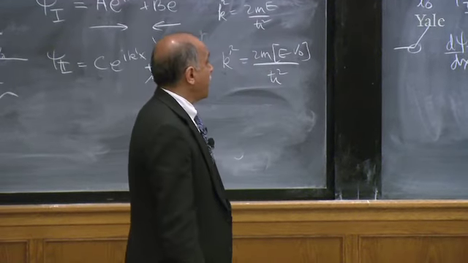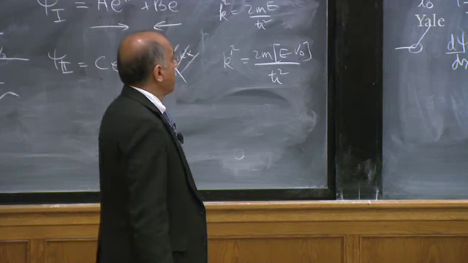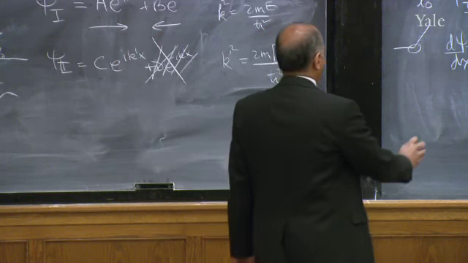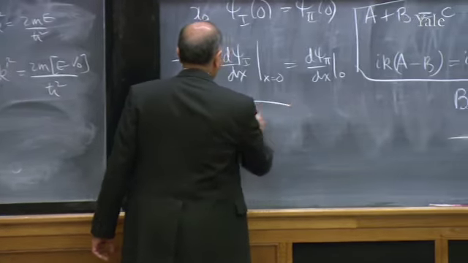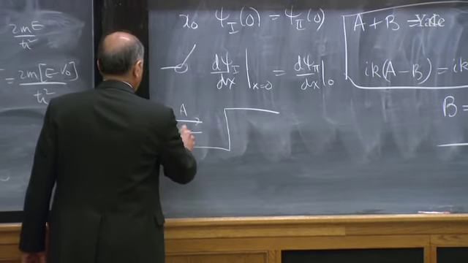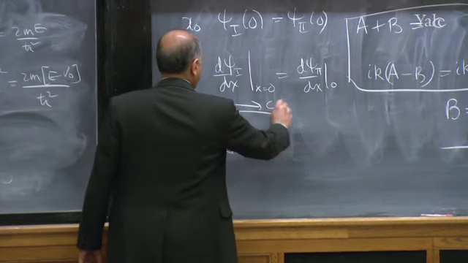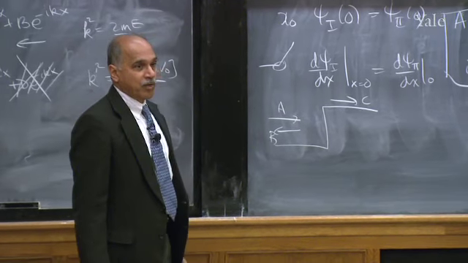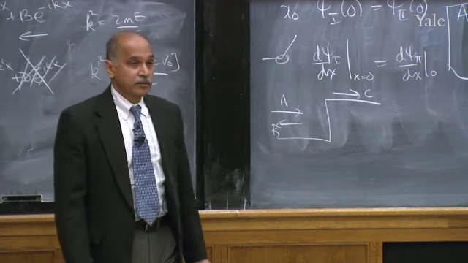But I want you to look at the answer. You remember now what A, B, and C are. A comes in, B goes back, and C goes to the right. What do you find strange about the answer?